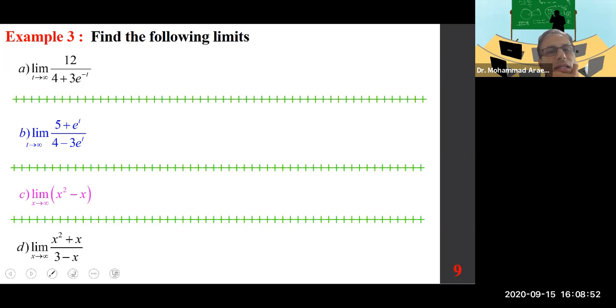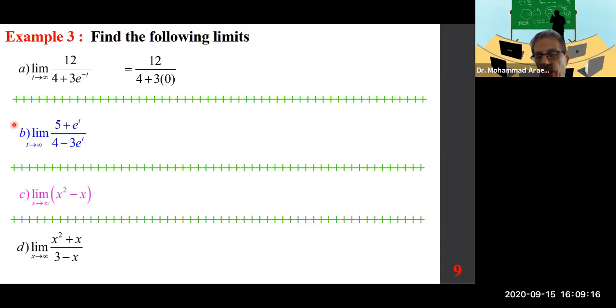Let's look at these examples. Remember what we do. We plug in and sometimes it works, and that's absolutely fine. So I hope you realize for part A, when you plug in, this is what you get. Remember, you have e to the power of negative infinity, which means 1 over e to the power of infinity, which means 0.